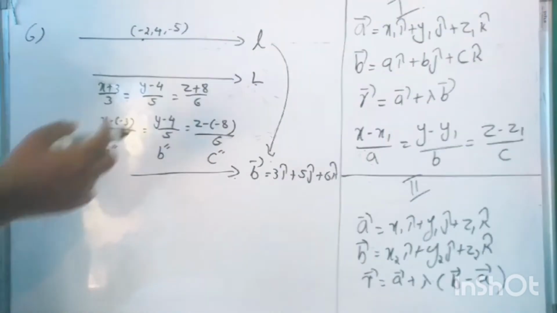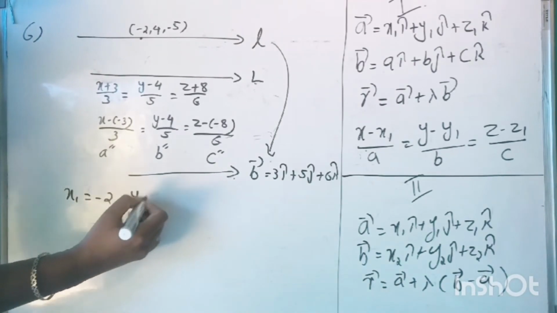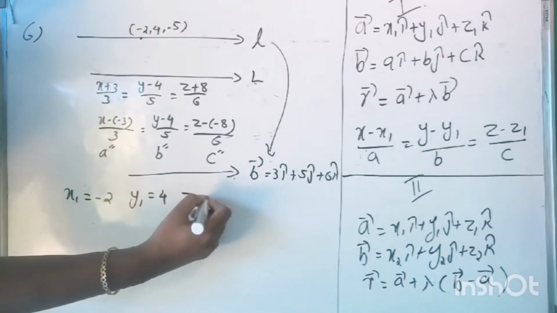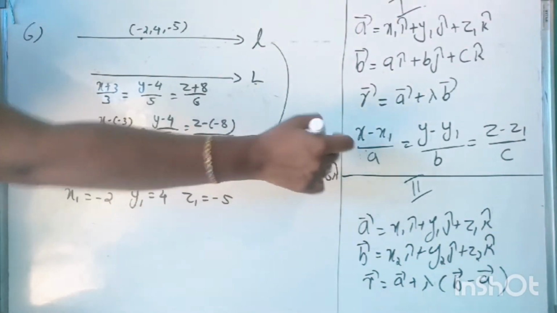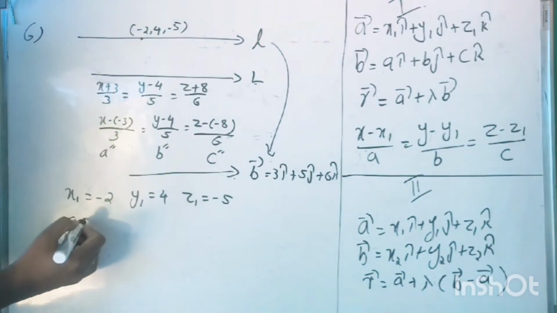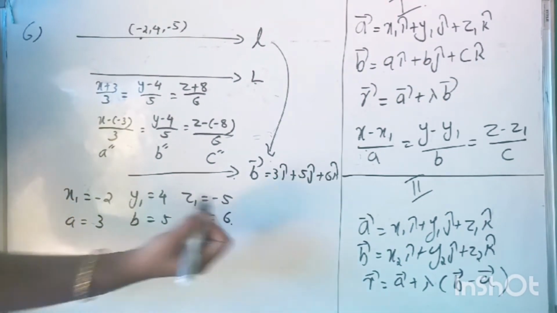This point on the line we can write as x1 is equal to -2, y1 is equal to 4 and z1 is equal to -5. And the parallel vector components, that is our A, B, C: A is equal to 3, B is equal to 5 and C is equal to 6.